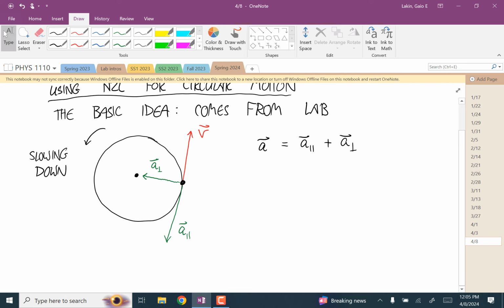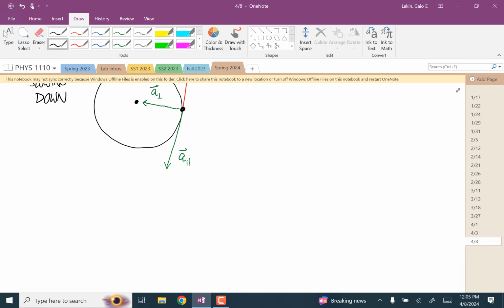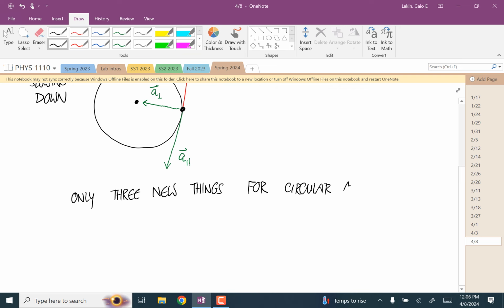So what's new in doing calculations with circular motion? There are only 3 new things for circular motion. And 2 of those 3 are just new names for stuff.